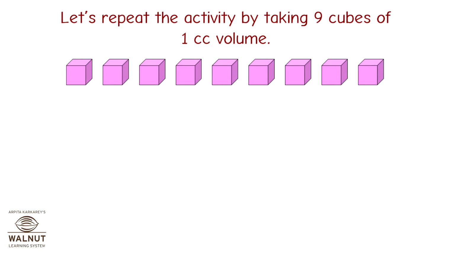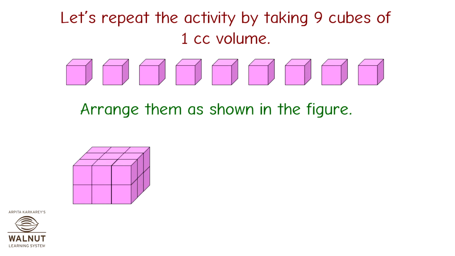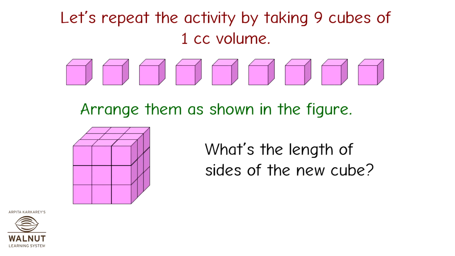Let's repeat the activity by taking 9 cubes of 1 cc volume. Arrange them as shown in the figure. Place 9 more cubes on top of these cubes. Place 9 more cubes on top of these cubes. What's the length of sides of the new cube? 3 centimeters.